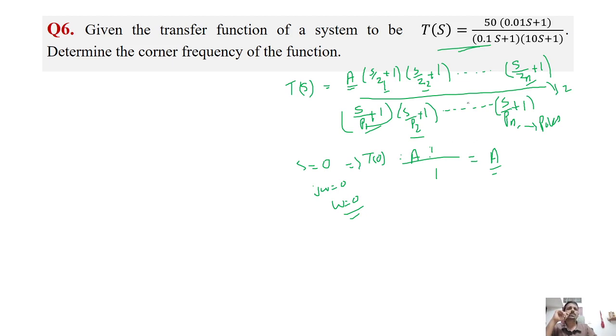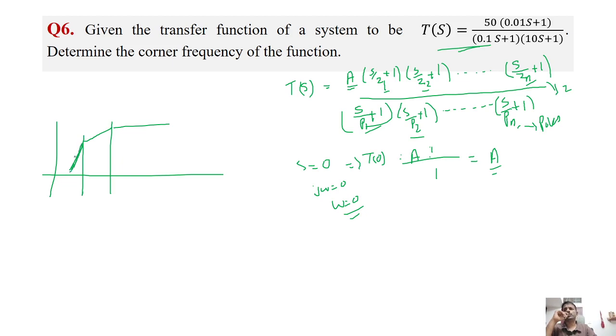And what is Z1, Z2, Zn and P1, P2, Pn? They are zeros and poles, and those are the frequency values at which there is any roll off happening. So for example, if there is a system and I have a frequency response like this, these are the changes in the roll off, right?